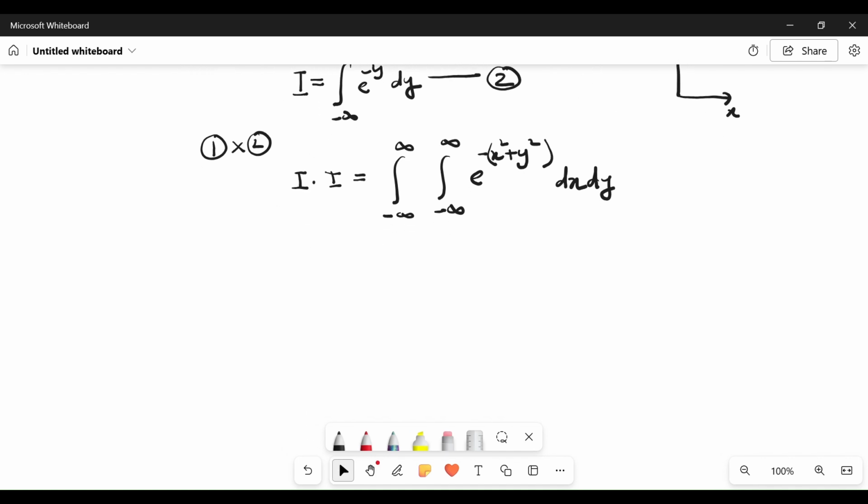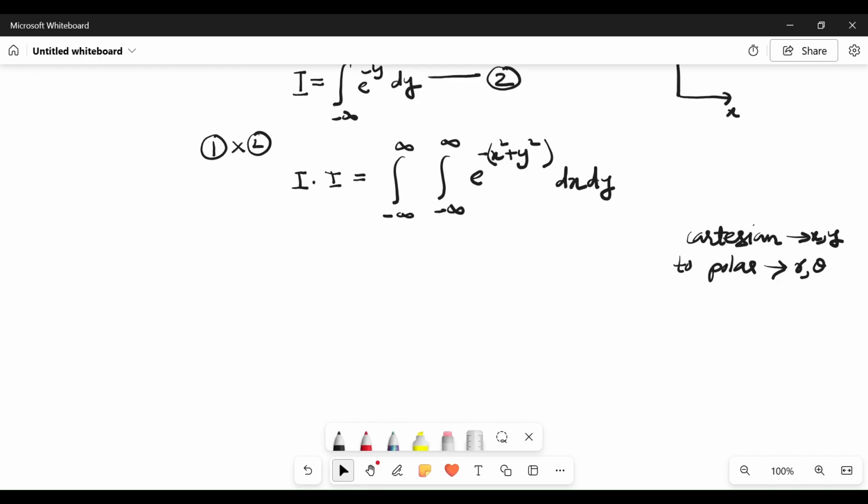Now let's change the coordinates. I have to shift from Cartesian to polar, R and theta, x and y. So how can we do that?